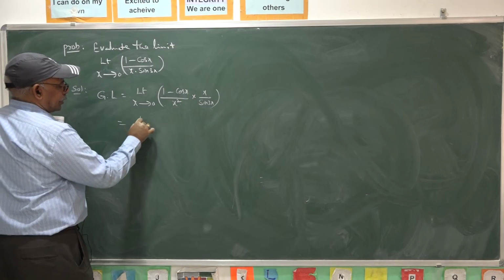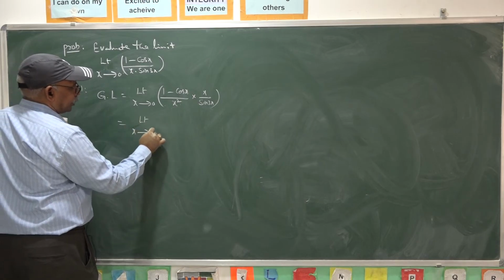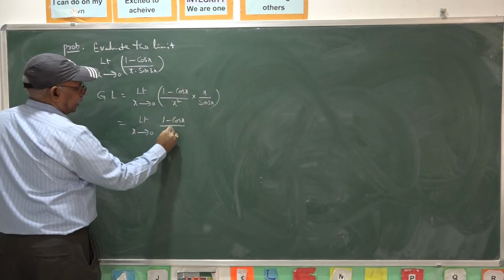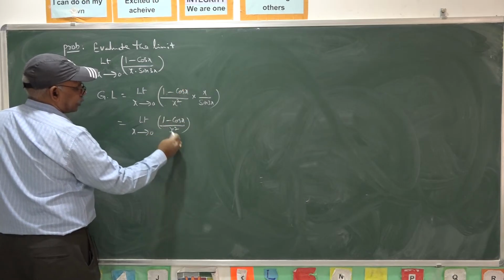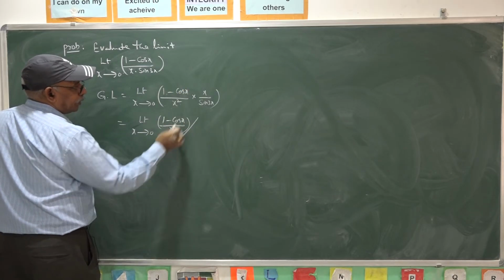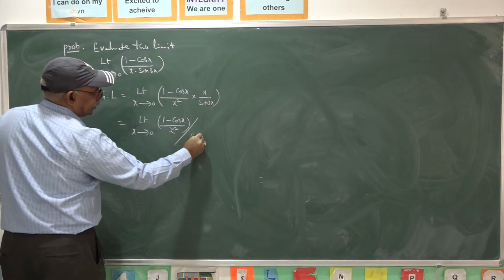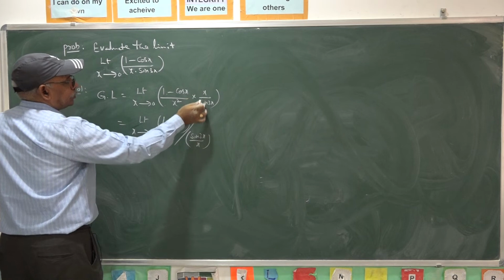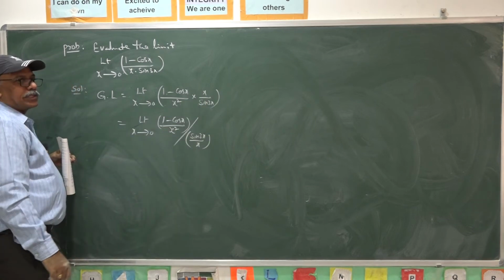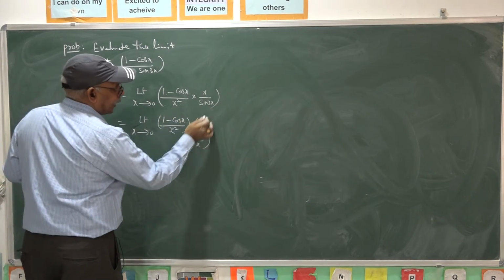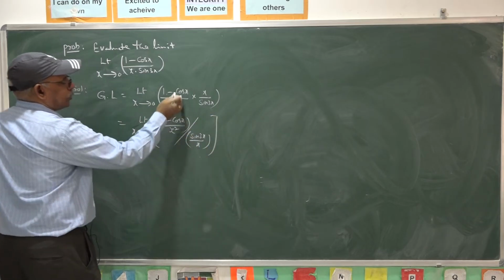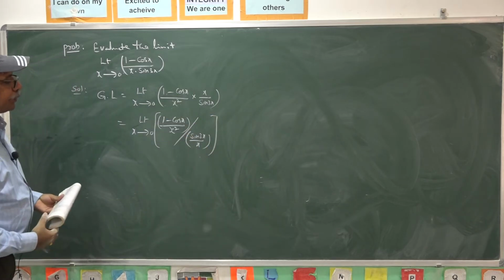Now write this function as 1 minus cos x by x square by sin 3x by x. I am taking this x to the denominator of sin 3x, so that there is no change in the function itself.